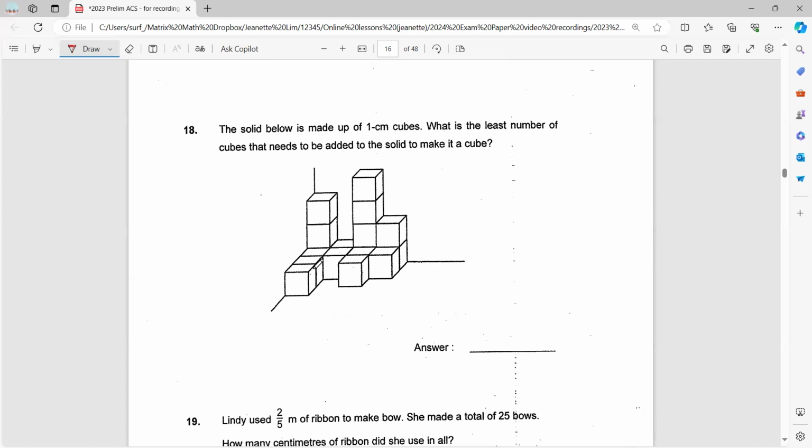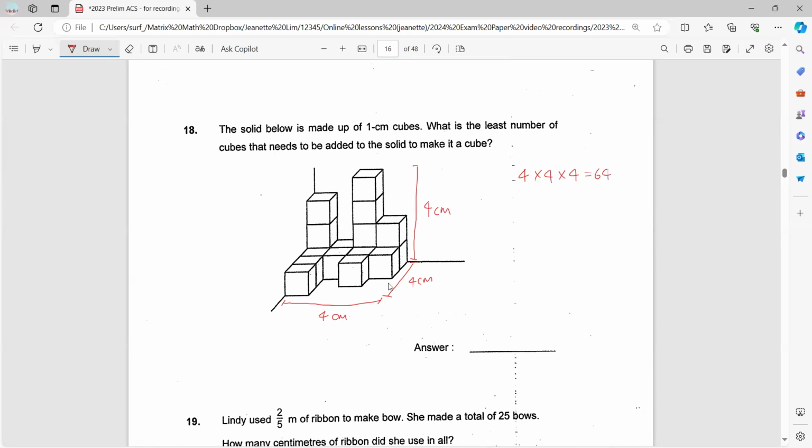If you look for the length, here there are 4 cubes across, 4 cm. And the breadth also 4. Then the height, highest you go also 4. So the cube that you want is made up of 4 times 4 times 4, which is 64.